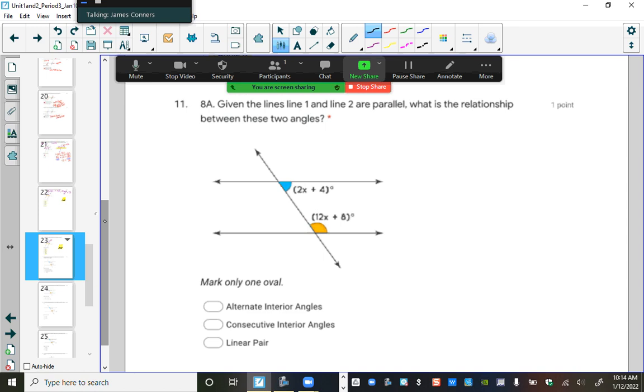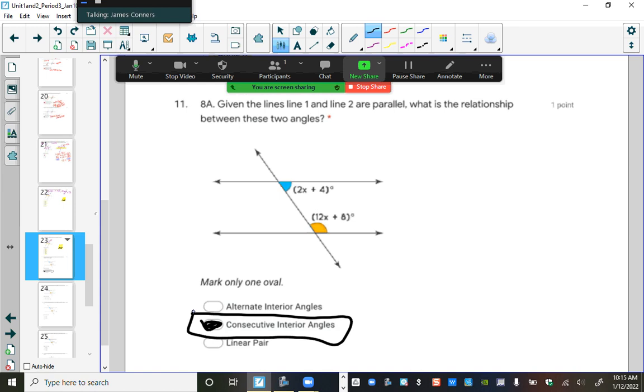So you have to ask yourself, are they opposite side or same side? They're going to be consecutive interior, because you're right, Howard. Because they're on the same side and they're inside. So very good. They're consecutive interior angles.